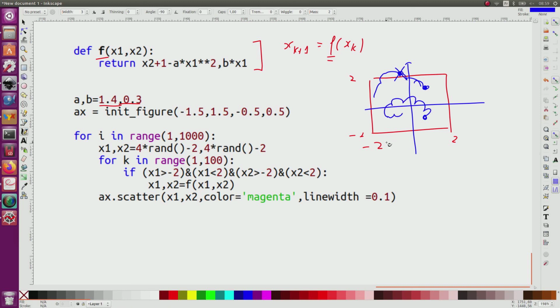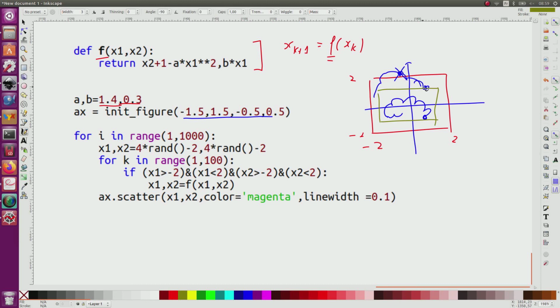And since the visualization box is inside this one, I will only see those that have converged, such that the limit of the sequence stays inside this one.